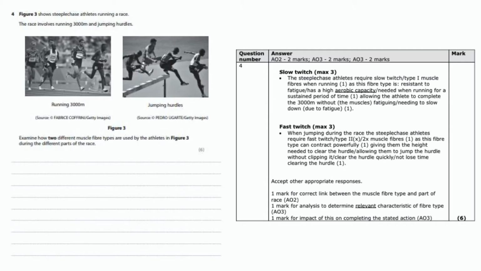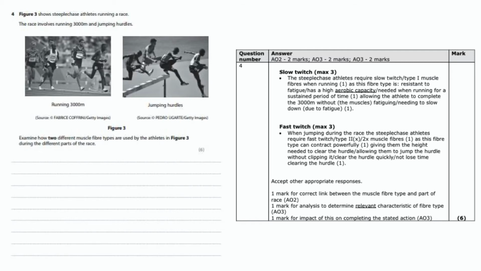Hopefully we've all realised that that's quite a long way to run, 3,000 meters. Therefore the first mark you're going to get is for saying that slow twitch type 1 muscle fibers are required during the running stage of the race. For the second mark, we need to make some sort of explanation as to why.